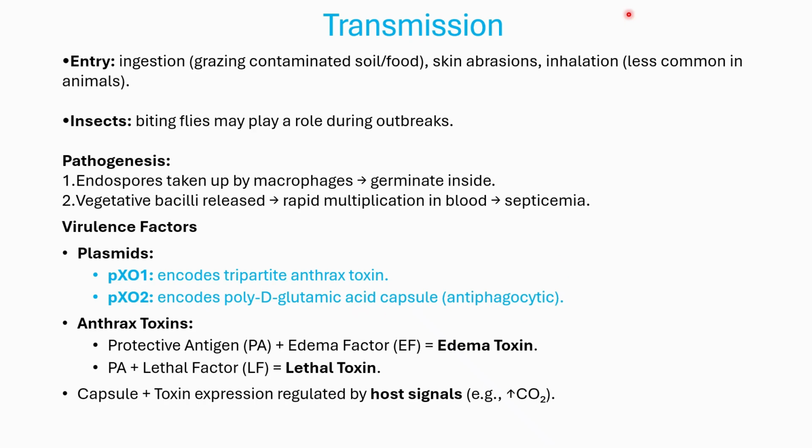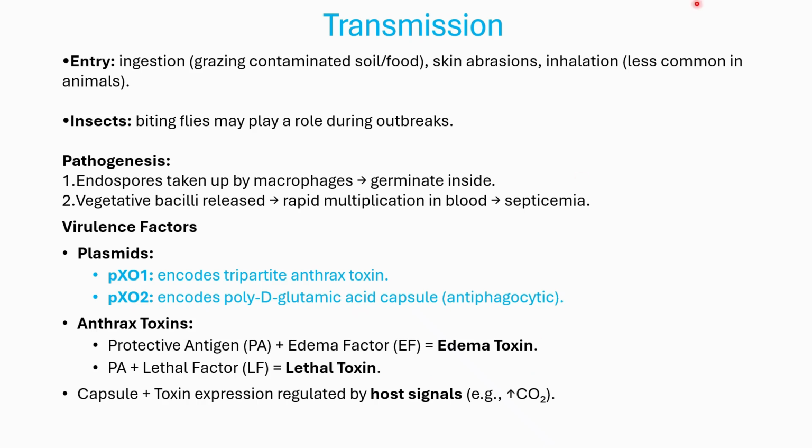The anthrax toxin usually consists of three components: protective antigen, edema factor and lethal factor. When protective antigen combines with edema factor, it forms the edema toxin, causing tissue swelling and fluid accumulation. When protective antigen combines with lethal factor, it forms the lethal toxin, which disrupts cellular signaling and leads to cell death.